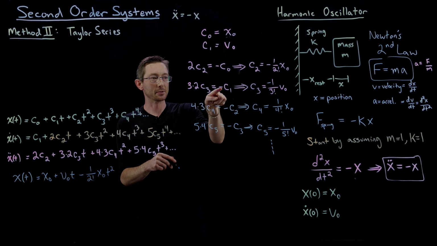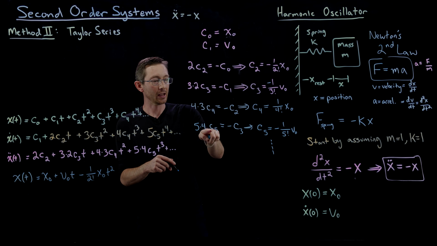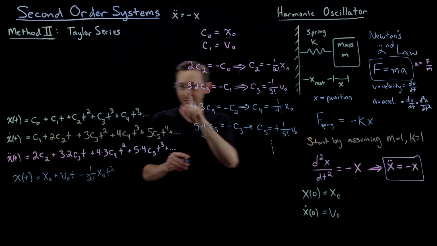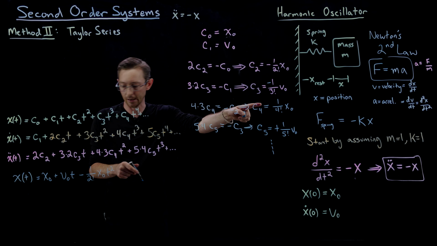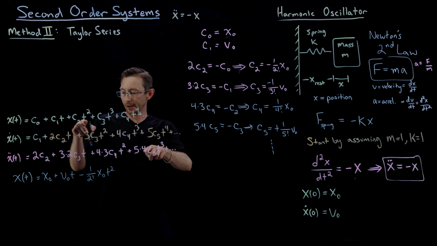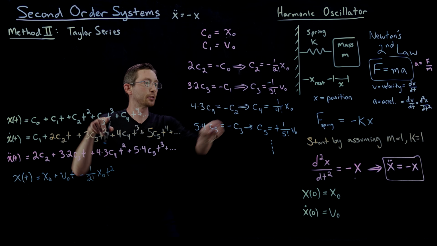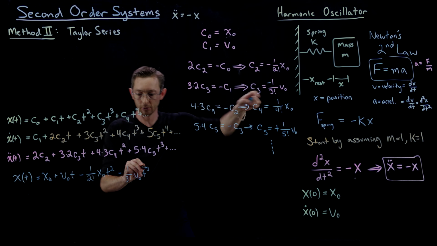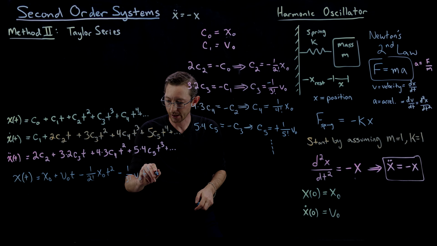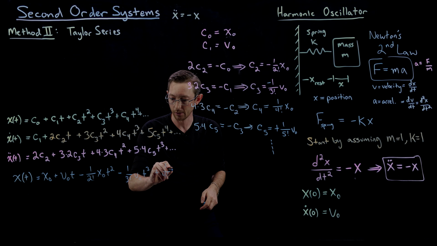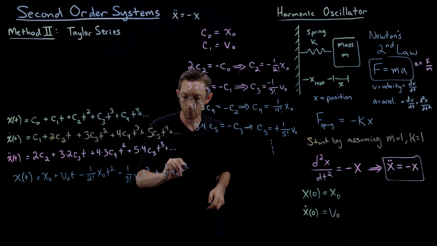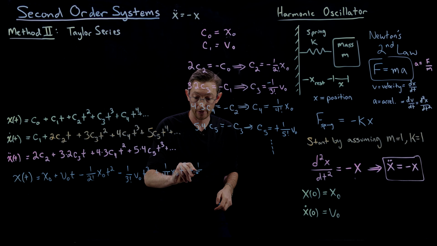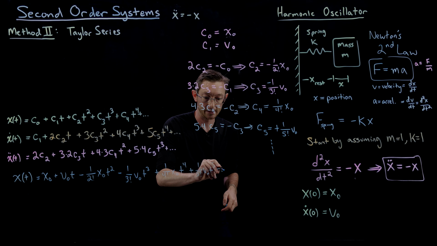Right, this is C3 equals minus C1, so there's a minus there, and C5 is minus C3, so this is a plus sign. Okay, thank you. I'm sure many of you caught that. So sorry, I already have my C2. Now my C3 term is minus 1 over 3 factorial v naught t cubed, and then I'm going to have plus 1 over 4 factorial x naught again, t to the 4th, plus 1 over 5 factorial v naught t to the 5th, minus dot dot dot.